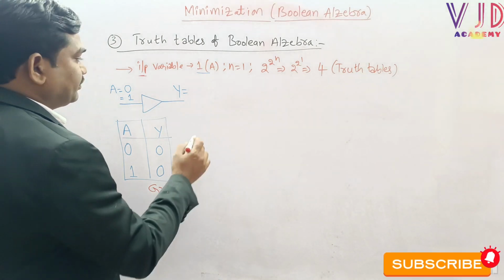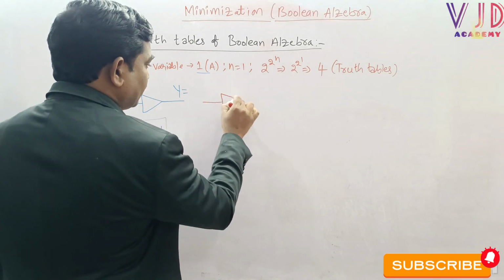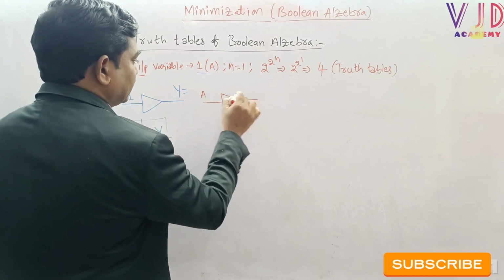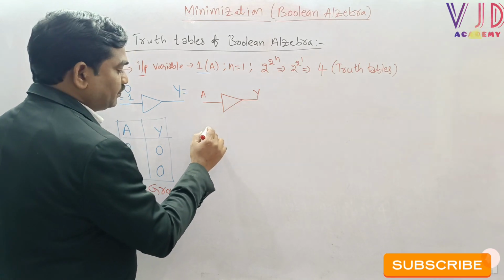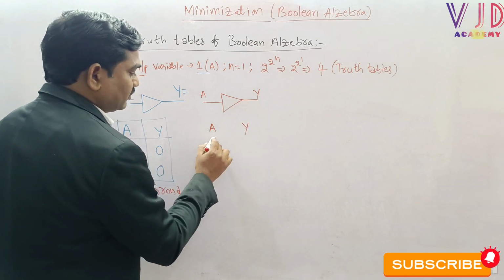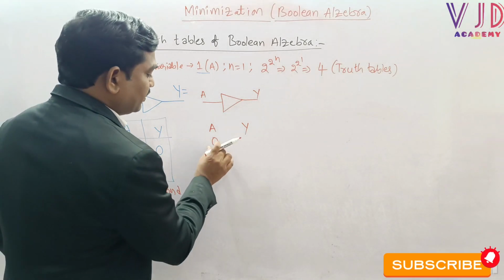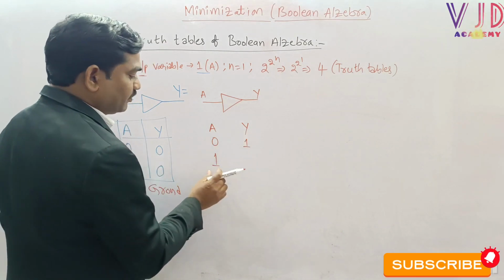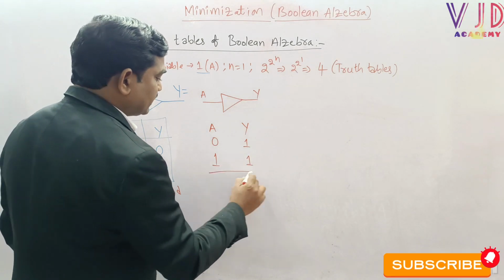Now let us try to understand the second possible truth table. Suppose this is a NOT gate, A is the input and this is Y. Let me apply the two possible inputs, A equal to 0 and A equal to 1. The moment I apply input 0, the output, let us assume, is 1. The moment I apply input 1, the output is also 1.